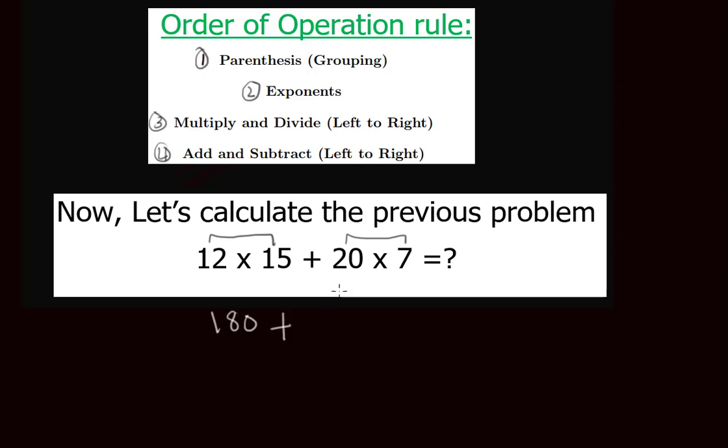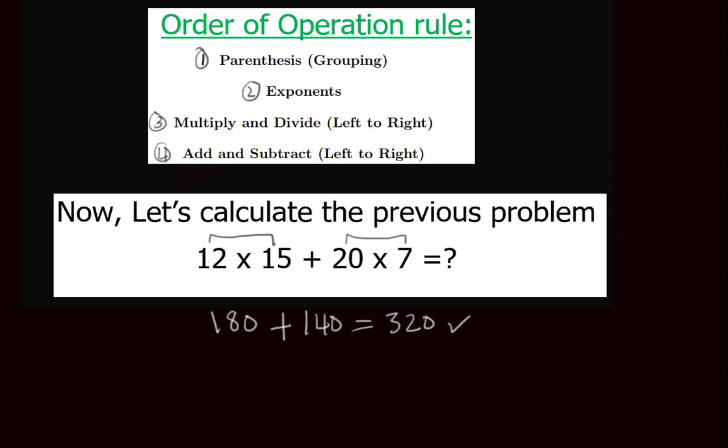Then plus 20 times 7, which is 140. The only operation left is addition, so 180 plus 140 is 320, which is not the same as the 1400 we ended up with. So this is the correct answer.